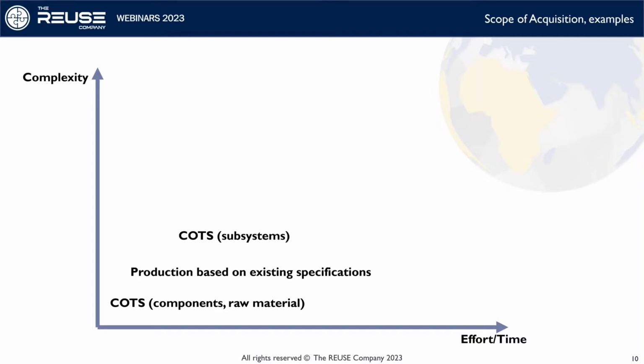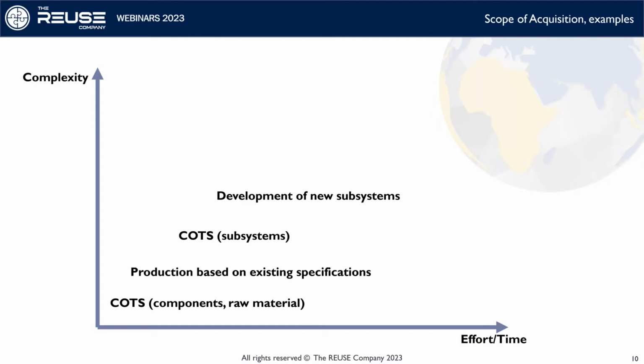You may go out and buy some commercial off-the-shelf existing things to use as subsystems within your own development chain. This requires a bit more effort because you need to integrate things and so on. It's a bit more complex than just adding nuts and bolts or whatever simple component that you may require as well.